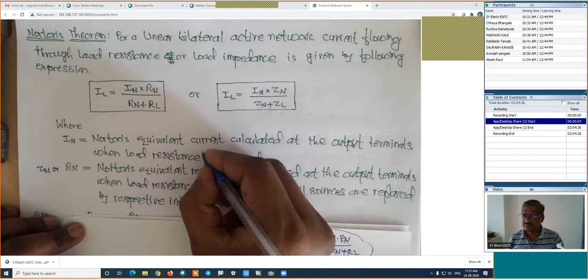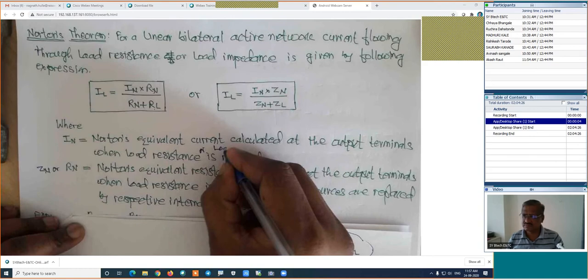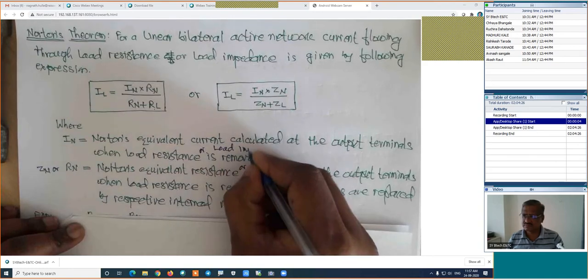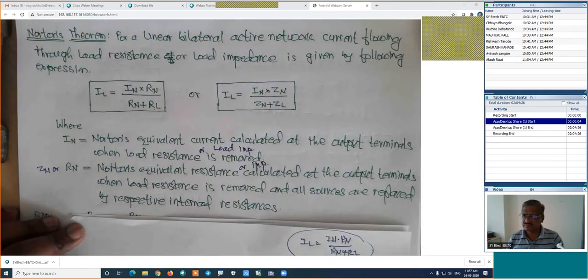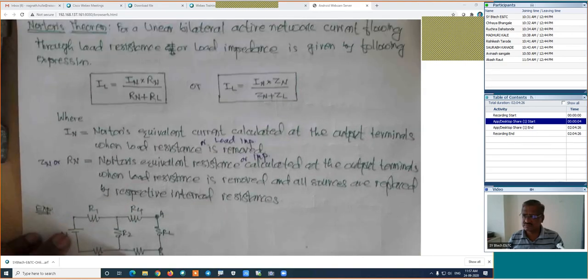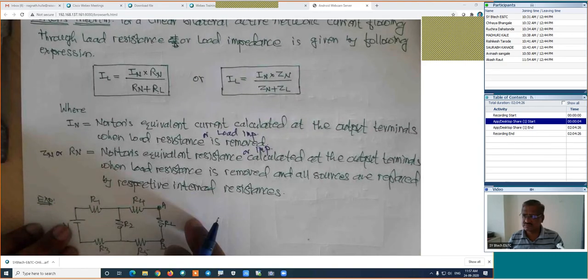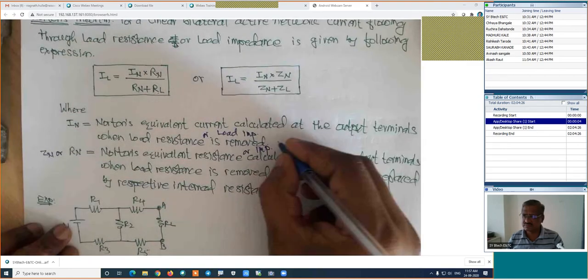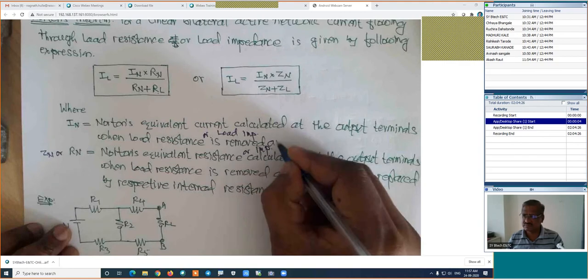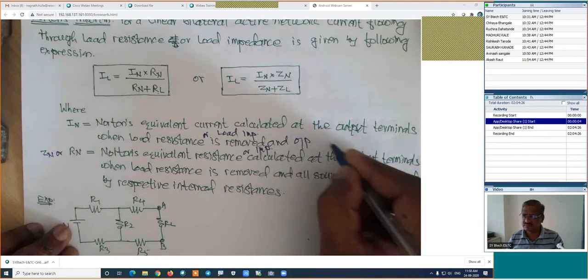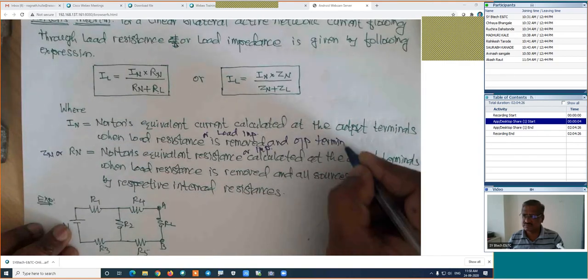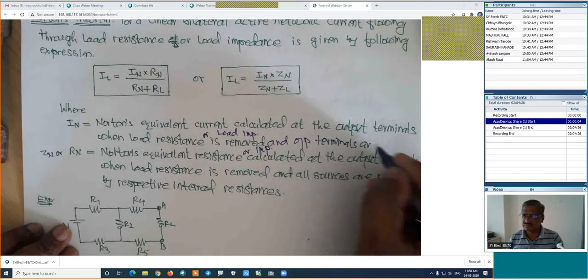It means that in the circuit, we remove the load resistance and the output terminals are shorted.